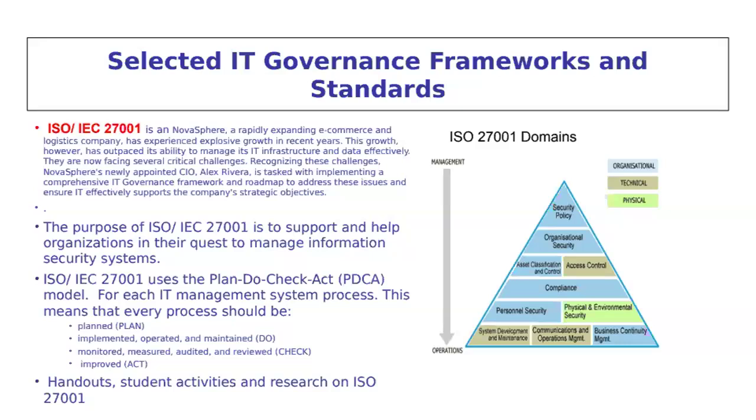So each process should have a plan, should have implement, should have monitor, and should have improve. Plan, do, check, and act. These are the ISO 27001 domains on the right side.